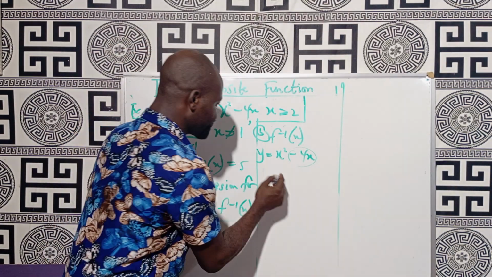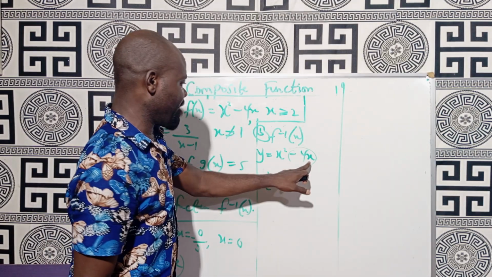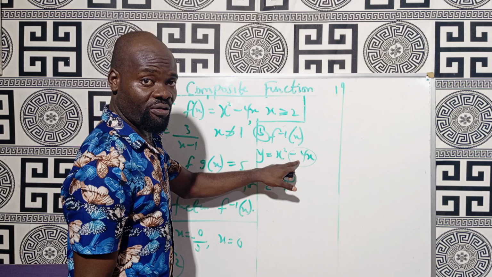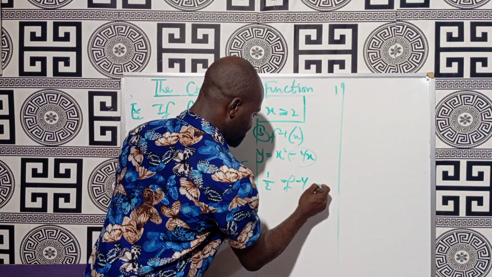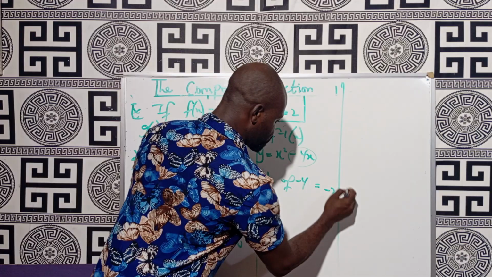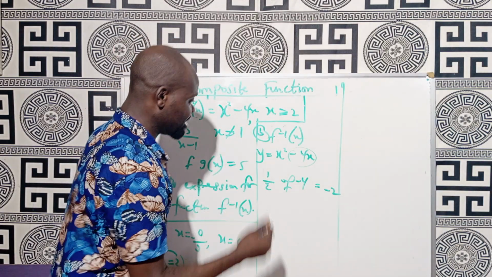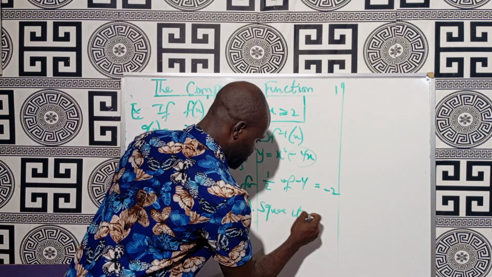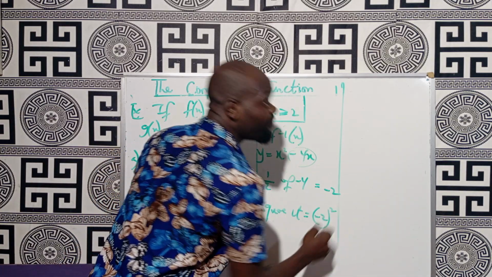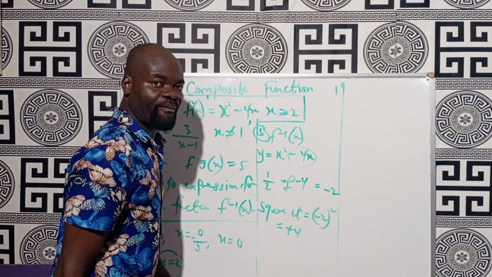So just find half of the coefficient of x. That's minus 4. Half of that is minus 2. Then the next thing is that you square it. Minus 2 everything squared, which gives you plus 4.